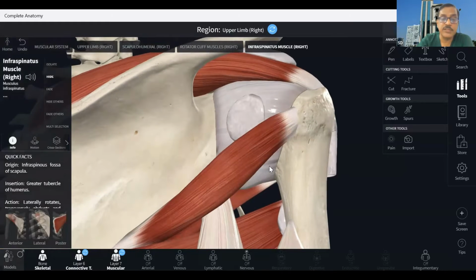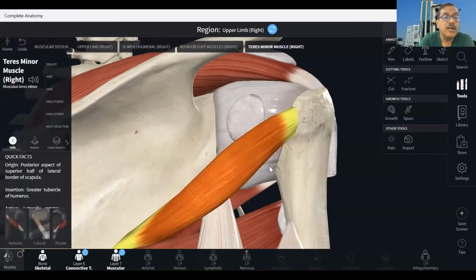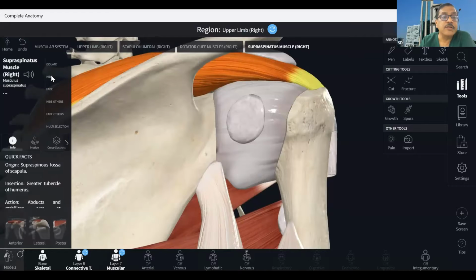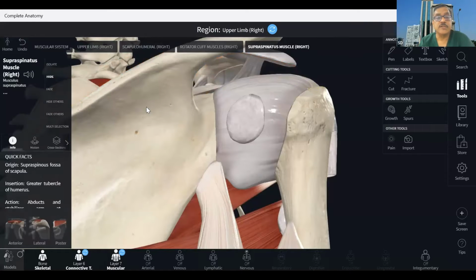So let me remove the teres minor muscle as well. And another important thing sort of will be demonstrating there. This is particularly important to understand the supraspinatus. I'm removing the supraspinatus now. Let me add the bones now.